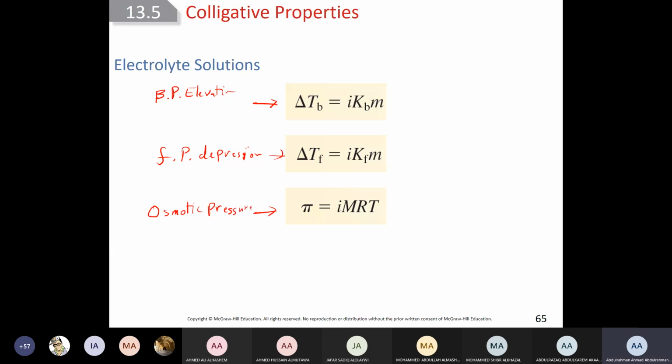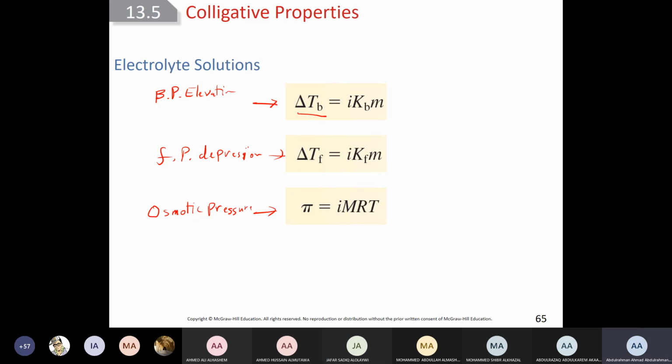Okay, what's delta TB? The difference between the boiling point of the solution and the boiling point of the solvent. Yes, you have to use the word solvent. Very good. What's I? The number of units.